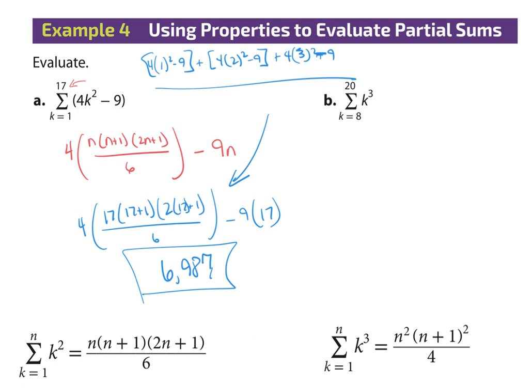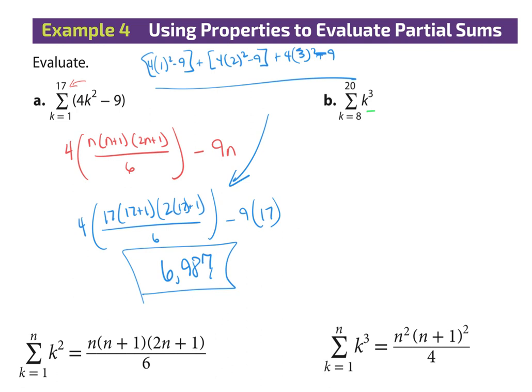All right, let's look at the cubed one. This is just k cubed. Here's the thing. They want 8 to 20. All right, so my formulas always start at 1. This is vitally important. They always start at 1, which means when I do the summation formula, it's going to give me what happens from 1.